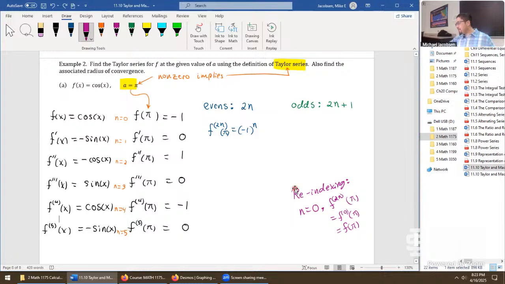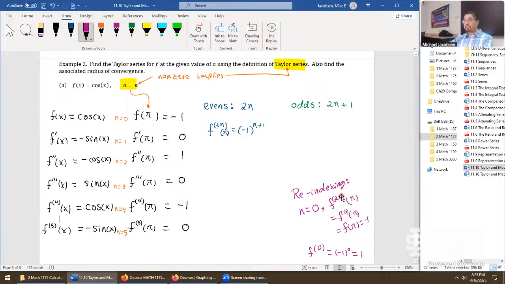Yeah, that's -1 here, but then f at 0 in this formula would give us -1 power 0, which is +1. So there's our mismatch right there. On our list, when we reindex at 0 through f at 2n, we get the -1. But when we look at this formula, we're getting +1. Simple fix though, right? Add 1 and your job is done.